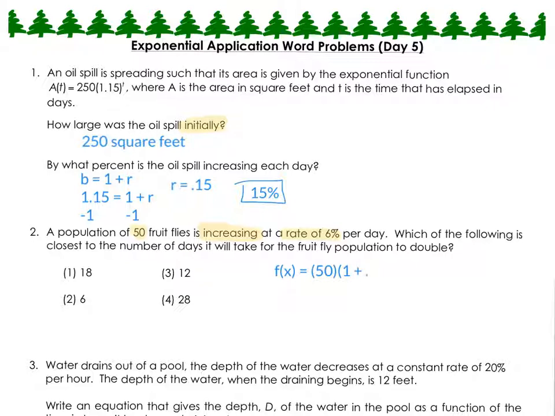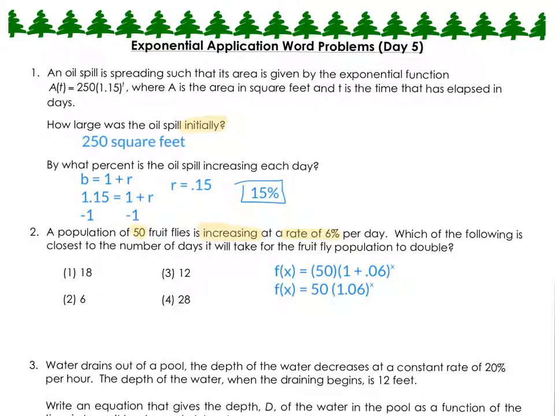I can't put 6% in there, so I have to change that to a decimal, so 0.06 to the x, because that's what I have in place of f of x. All right, then if you want, you can simplify this to be f(x) = 50 times 1.06^x, and that's where that decimal comes from if you like to think of it as a 6% increase meaning it's 106% altogether.